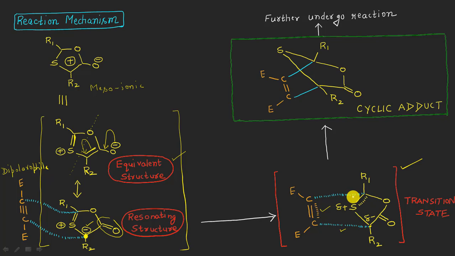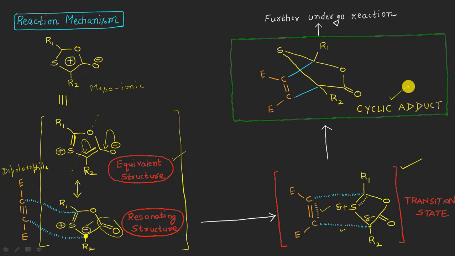And the important thing here is that everything in this transition state, the bond making and breaking, is all occurring simultaneously at the same time, right? And this will result in the formation of a cyclic adduct, something like this, okay?